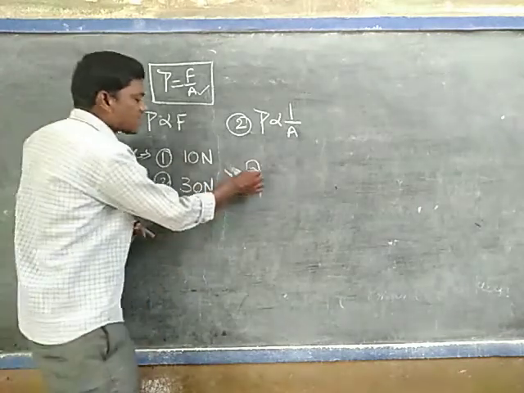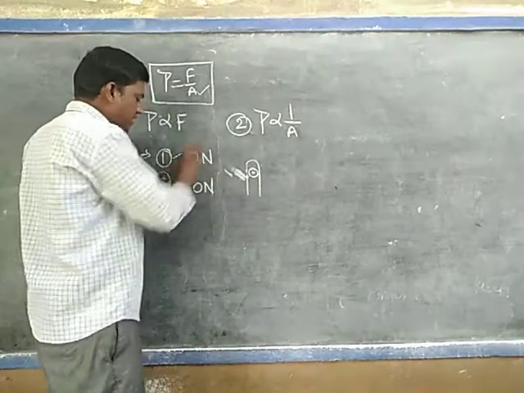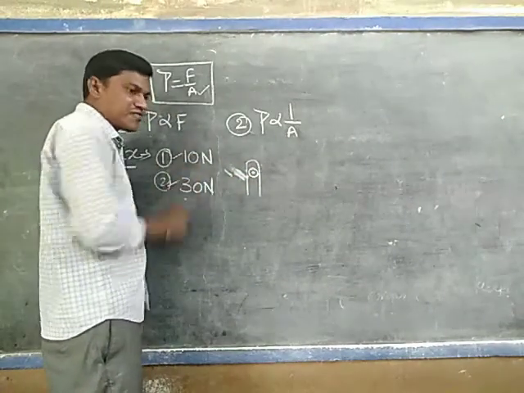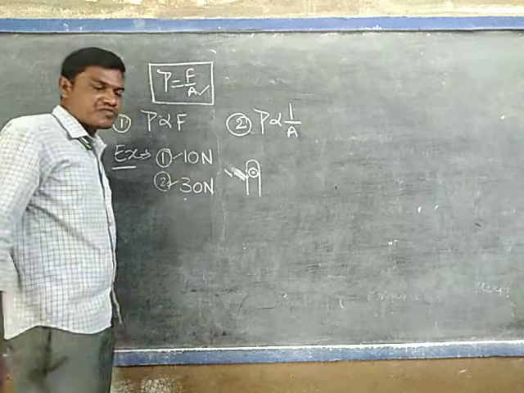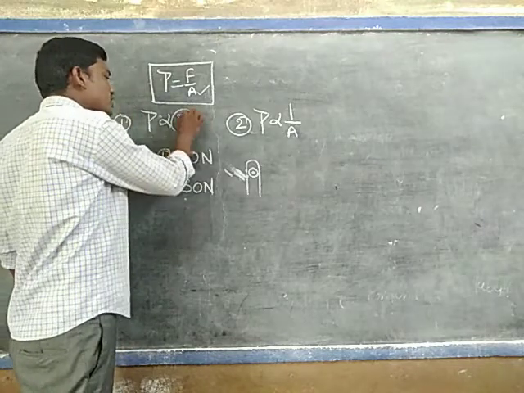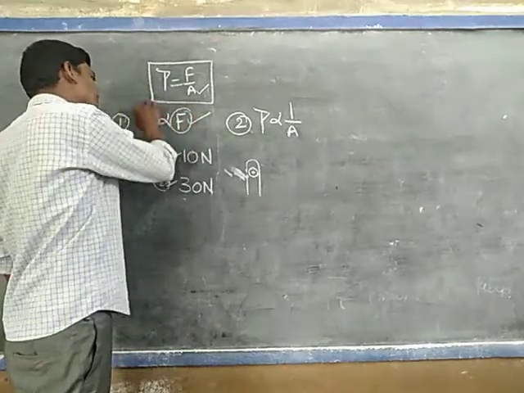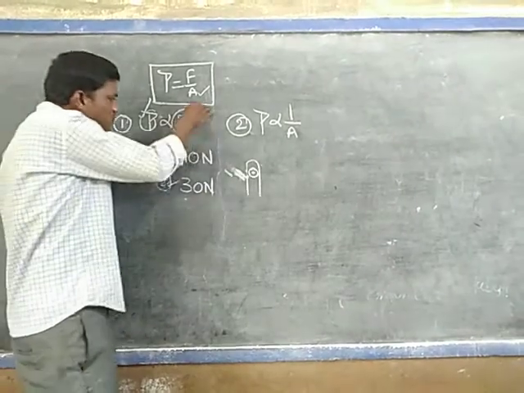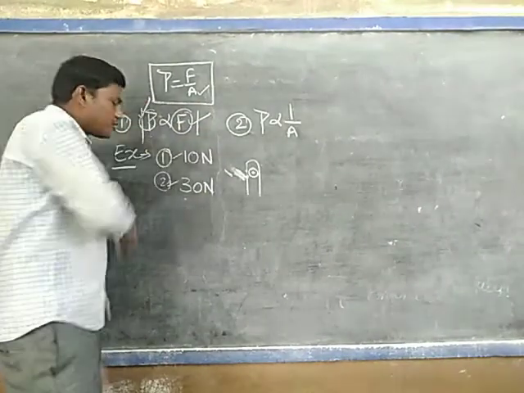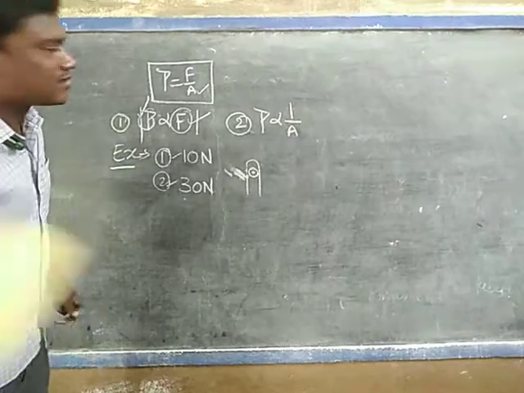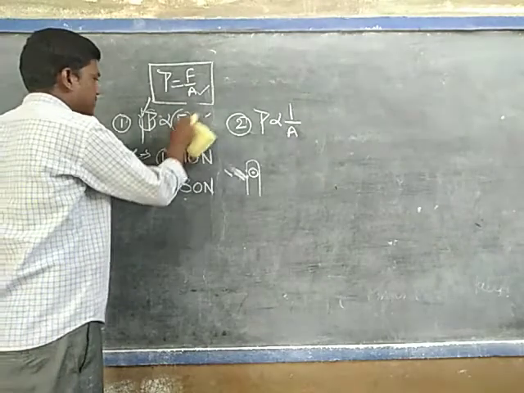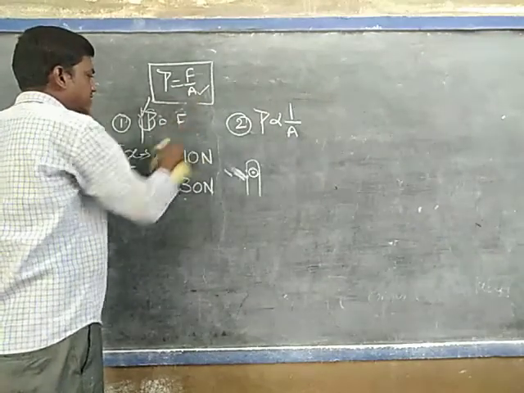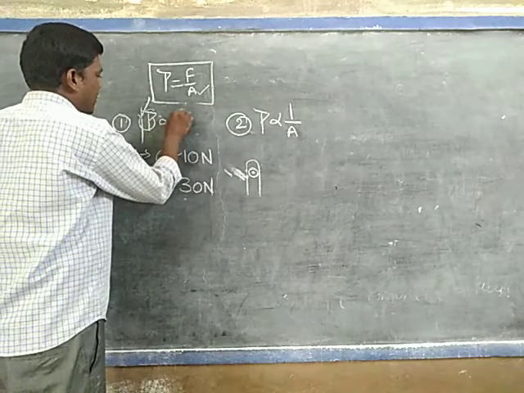Because the area is constant in the first case and second case, but the applied force is different. That's why if the force increases, the pressure also increases. If the force decreases, the pressure also decreases. Here the pain represents the pressure, simply for your understanding.